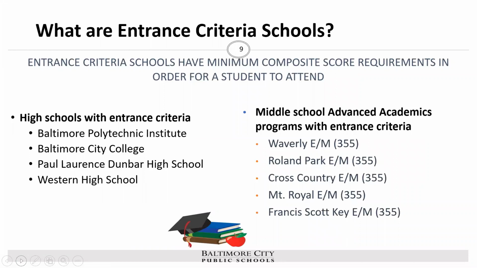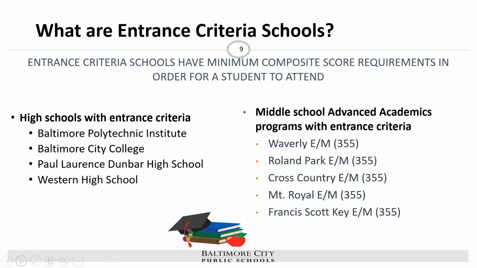When we're talking about our entrance criteria schools, these are our schools that have grade and assessment score requirements in order to attend. Our entrance criteria high schools are Baltimore Polytechnic Institute, also known as Poly, Baltimore City College, also known as City, Paul Laurence Dunbar, and Western High School.